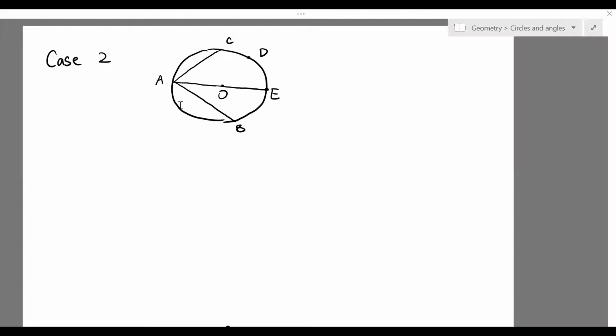Namely, the measure of CAE is equal to 1/2 the measure of the arc, let's call it CDE.